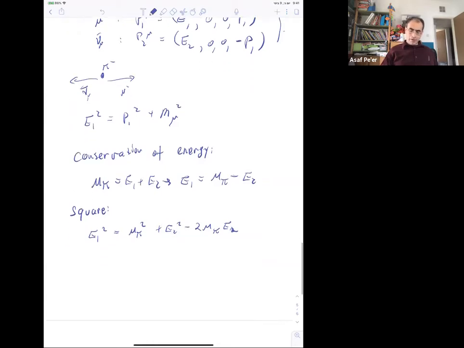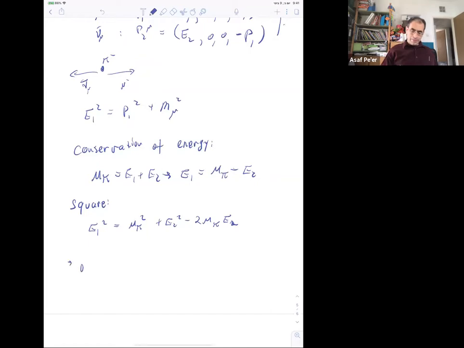E1 squared I can write as P1 squared plus m muon squared, which is m pion squared plus m neutrino squared plus P1 squared, minus 2 m pion E2.